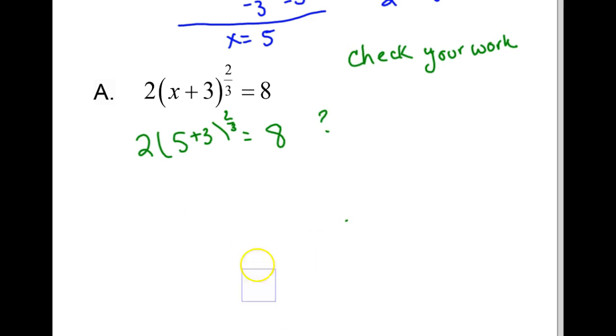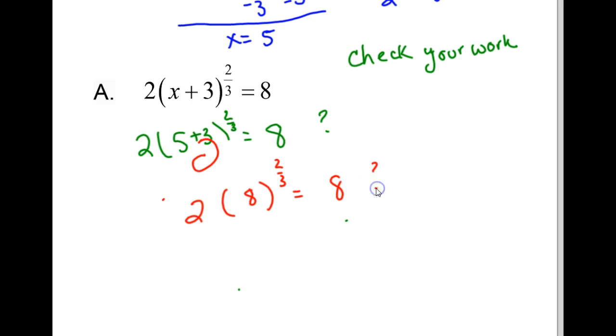So I end up with 2 times 8 to the 2/3 power.